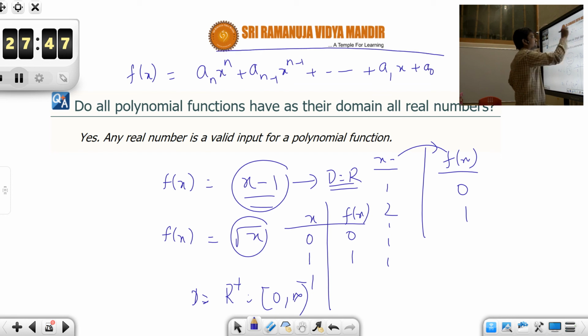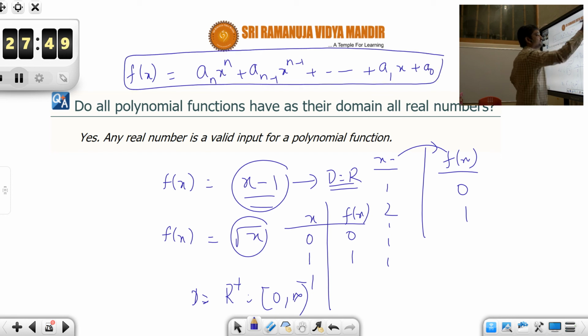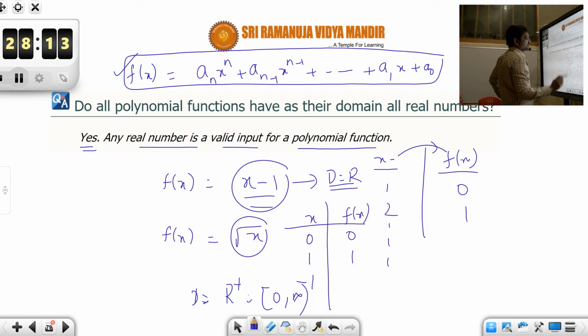This is the equation of the polynomial of degree n in standard form, which we have learned earlier. If you try to substitute any value of x in this expression, we can find the value of f of x. So that means the domain of the polynomial functions is all real numbers. So the answer is yes, any real number is a valid input for a polynomial function.